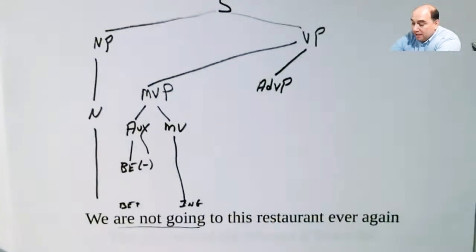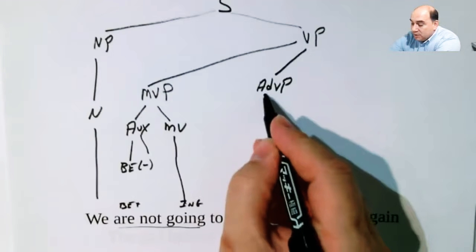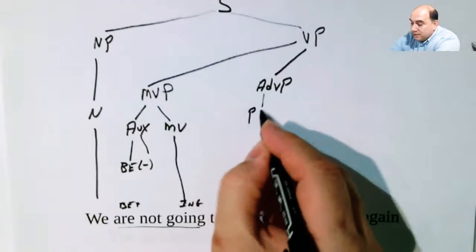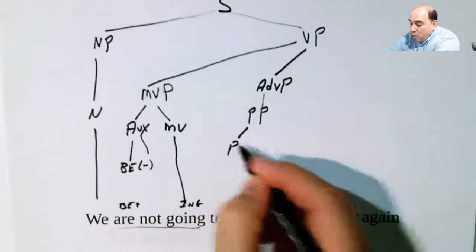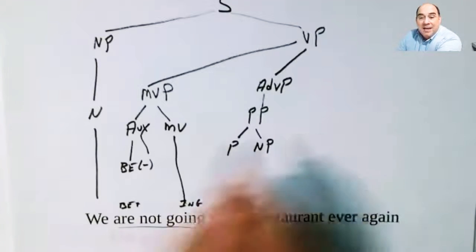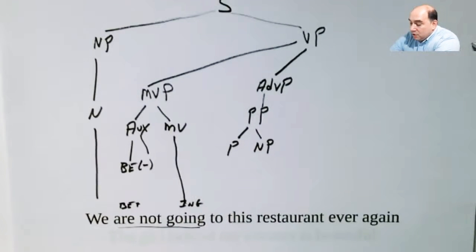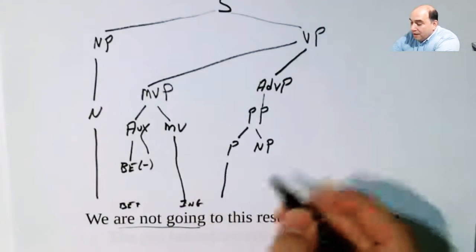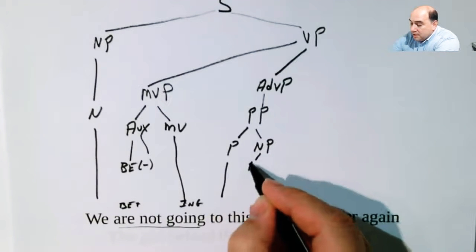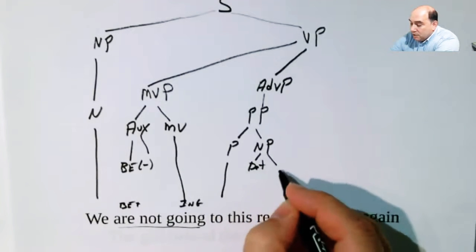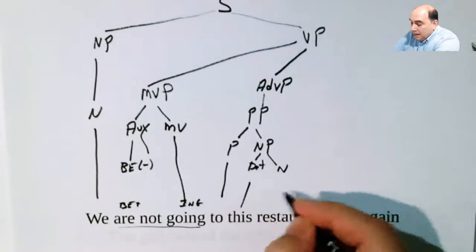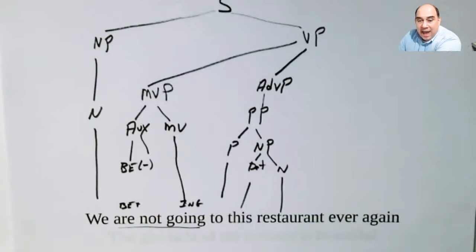Notice it's a P here at the end. That's its function. Its form is a prepositional phrase. Again, a prepositional phrase always has a preposition and a noun phrase. In this case, your preposition is to, and your noun phrase is the determiner this, and then restaurant, which is a noun.